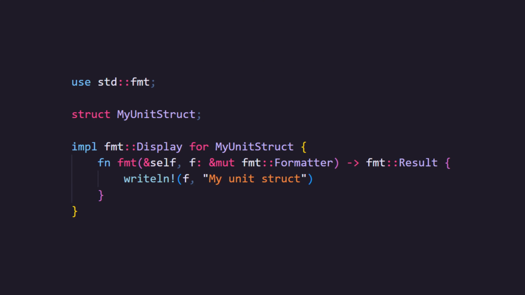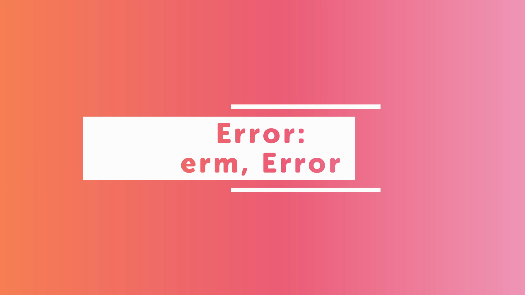Display has a single required method which takes a reference to self and a mutable reference to a Formatter and returns a fmt::Result, which is a type alias for Result of unit type and fmt::Error. The easiest way to implement it is with the write macro, which returns the same type, and to use std::fmt so that you can reference things in the fmt module namespace rather than contaminating your own.